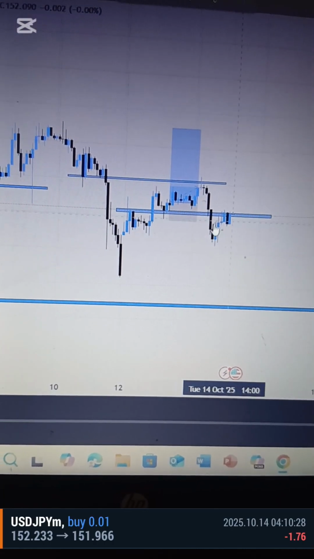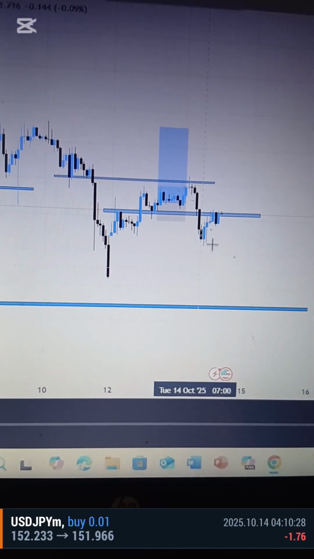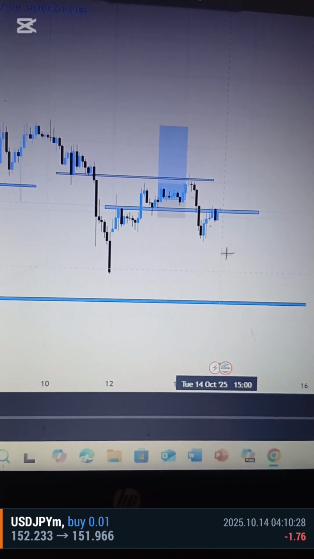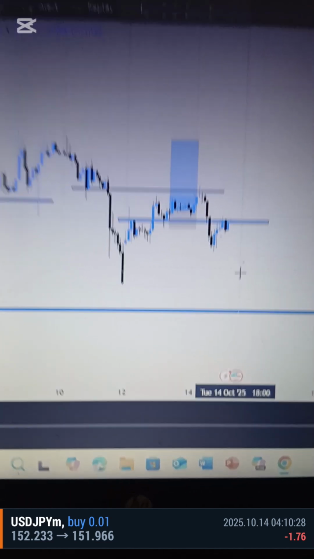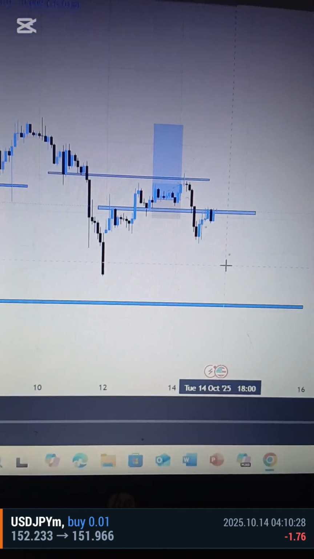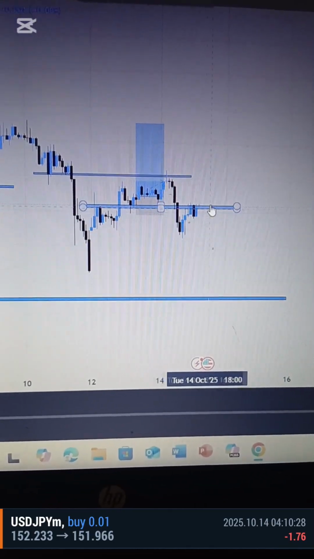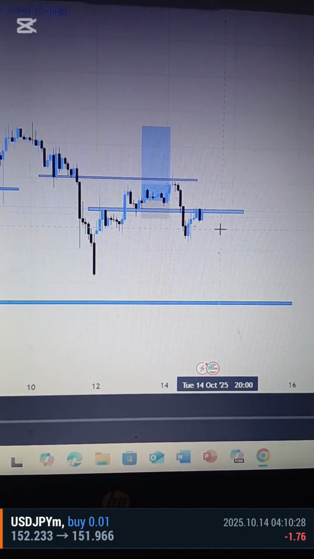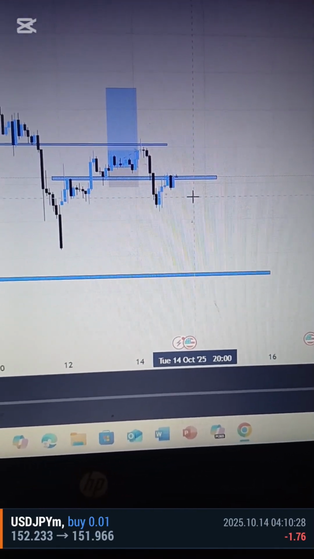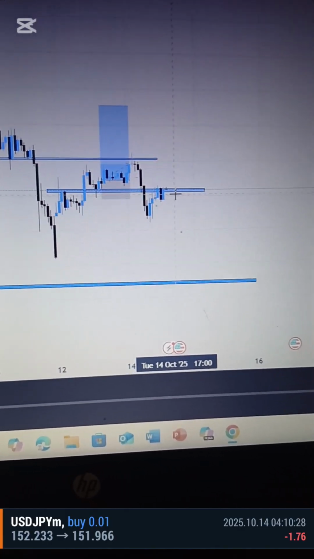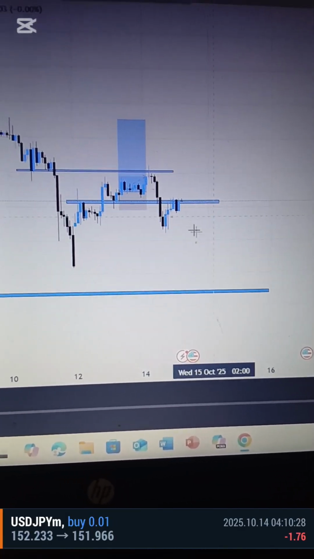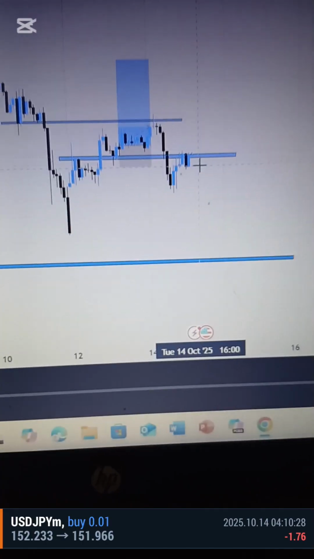This level is getting retested, so I was considering taking a short trade here, targeting the same 1 to 3. But I'll see, because it seems like there's still some bullish momentum, so I'll see how this candle looks.